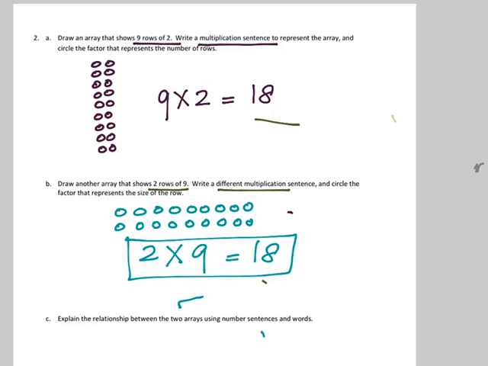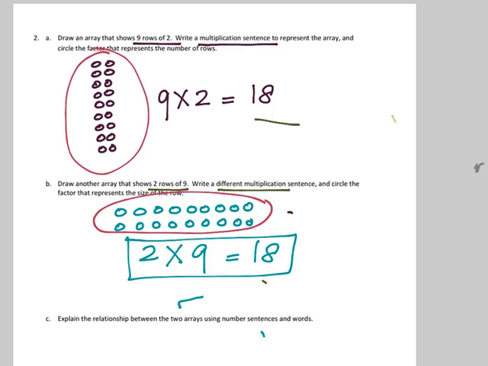Explain the relationship between the 2 arrays using the number sentence and words. So this is one array here and this is the other array. We have to compare and explain the relationship, how they are the same or how they are different.